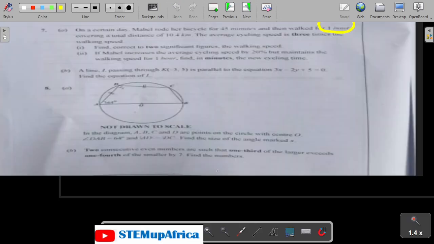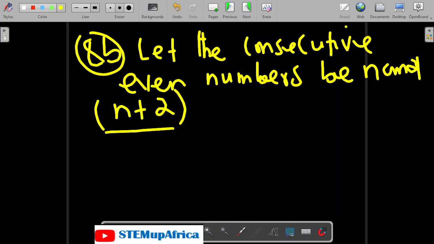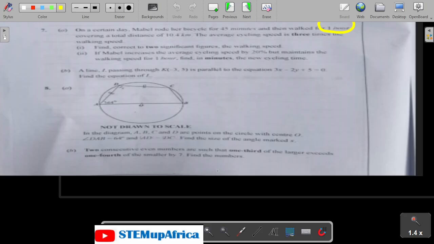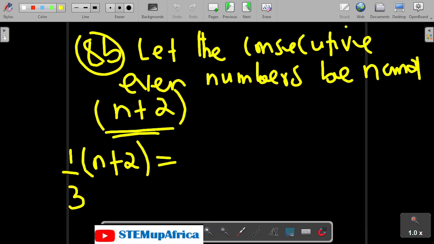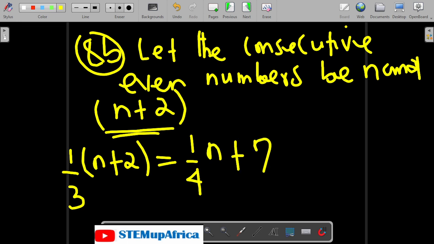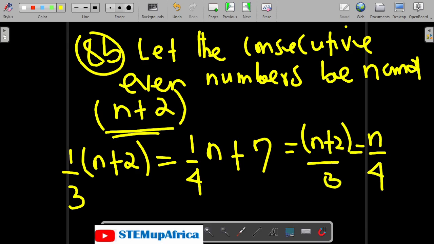So we are told that 1/3 of the larger number, which is our n plus 2, exceeds 1/4 of the smaller one by 7. So 1/3 of it, n plus 2, equals 1/4 n plus 7. So I can write this as n plus 2 over 3 equals n over 4 plus 7.